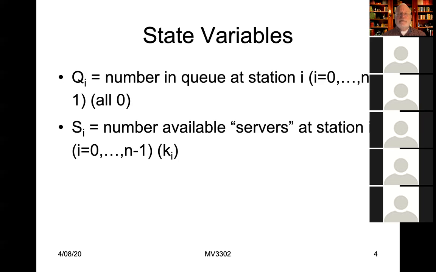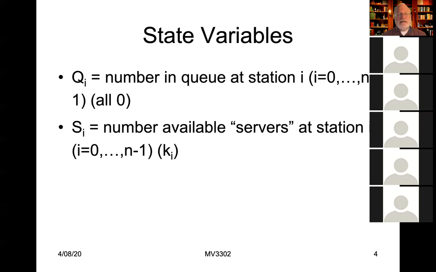Similarly, the number of available servers at each station is going to have to be an array as well, because we can't just say there are 5 available servers without saying at which workstation. You need to know that in order for the model to have any meaning.